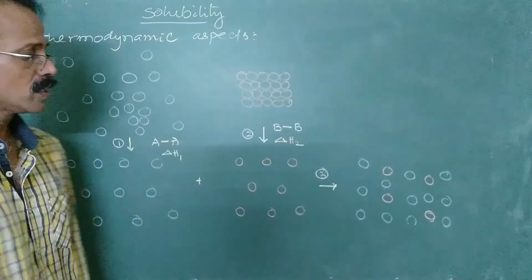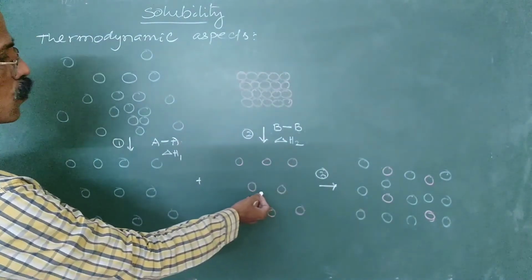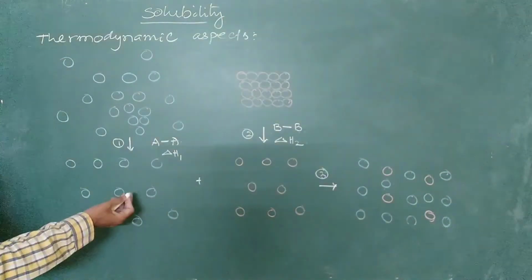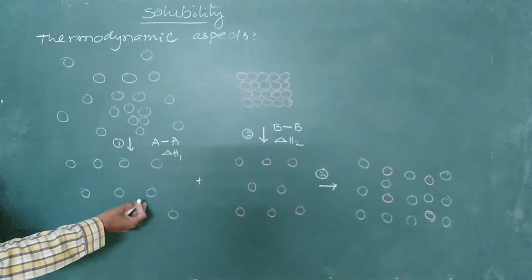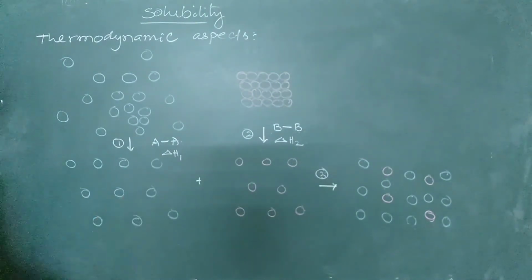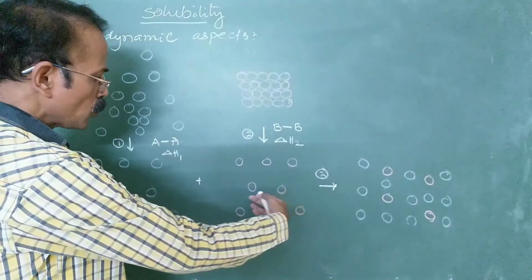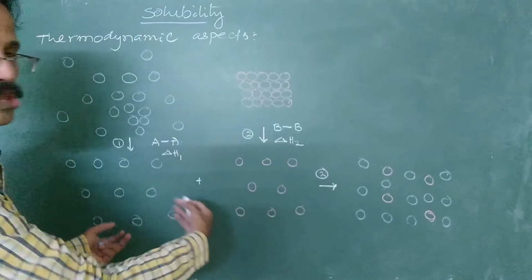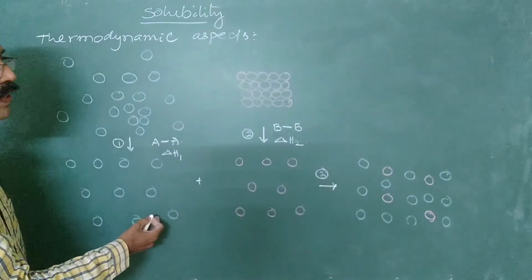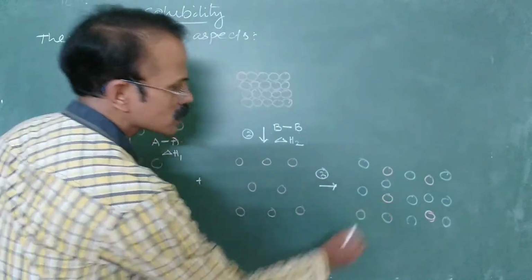Now the particles are liberated like this from the solute, and the solvent molecules are also liberated like this in the first step. Now in the third step, what happens? These solute particles diffuse slowly into the solvent, resulting in the formation of a homogeneous mixture like this.